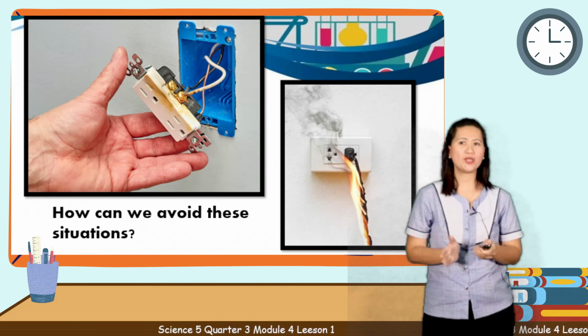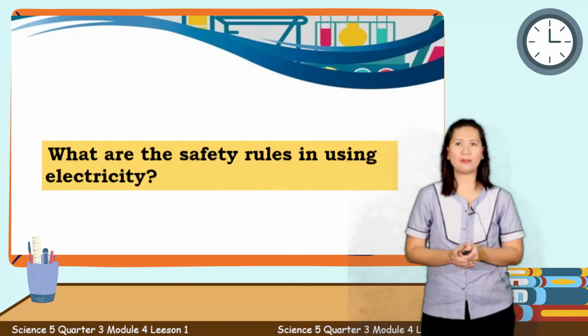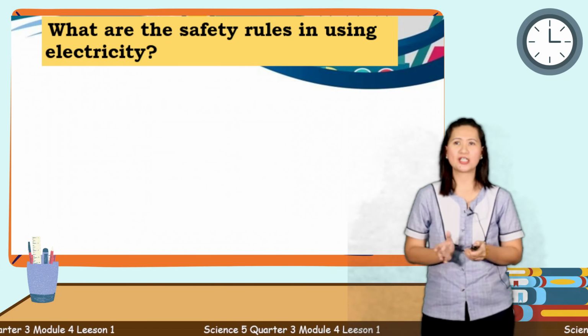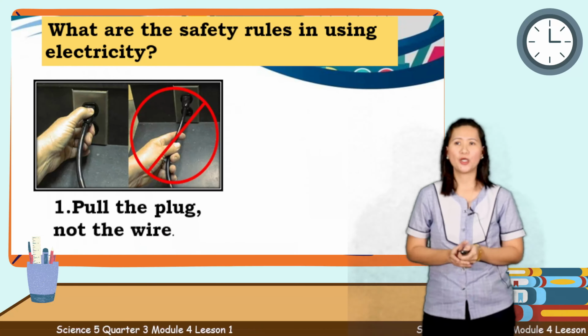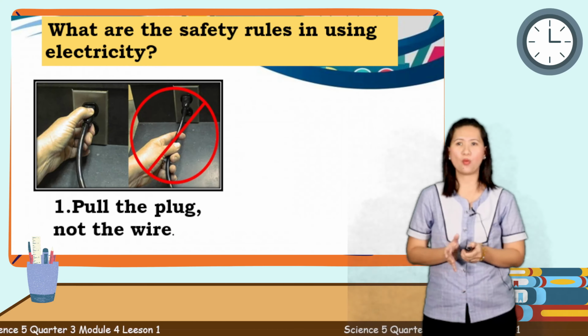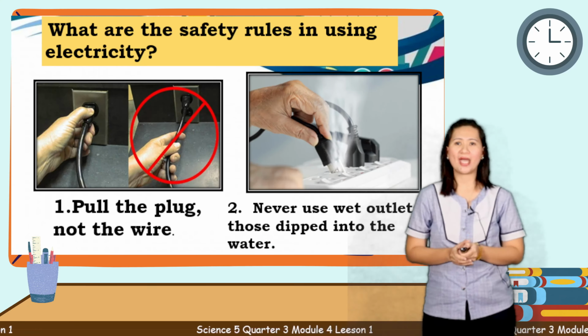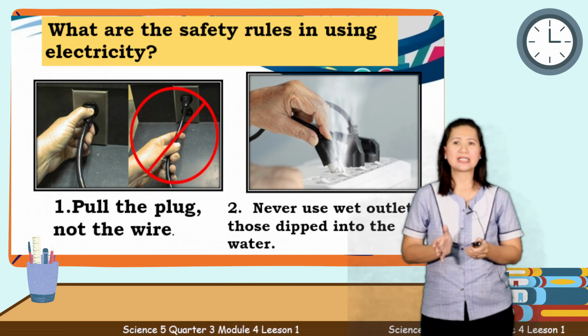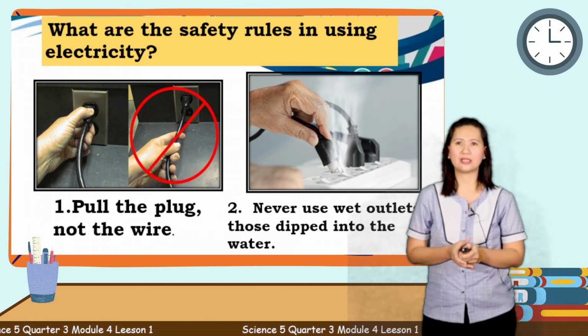So how can we avoid these situations? Here are some of the safety measures or safety rules in using electricity. Number 1, pull the plug, not the wire. Number 2, never use wet outlets or those dipped into the water. It may cause electric shock.